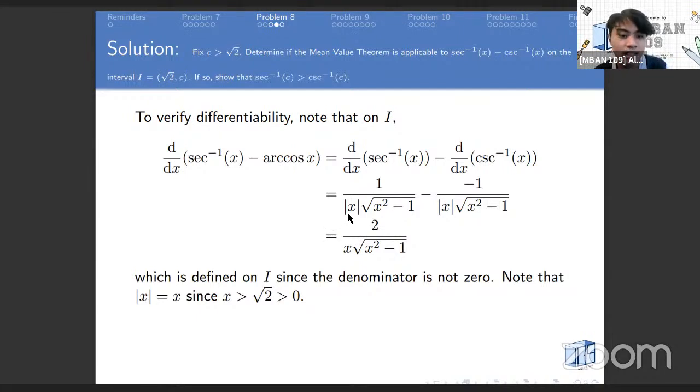Note that the absolute value of x is equal to x lang since yung x natin is positive. Siya ay greater than the square root of 2, which is in turn ay positive. So na-drop natin yung absolute value ng x dito since naman yung x natin is positive. Dahil sa definition ng absolute value of a positive number is just the number itself.